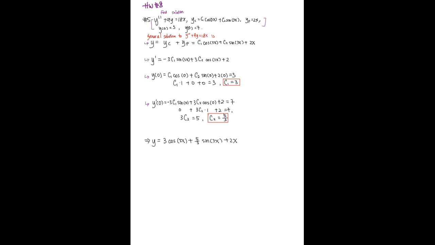So basically, this is to find the solution to the given initial value problem. From the notes, what I got here is, sorry, it should be a capital Y, not lowercase.